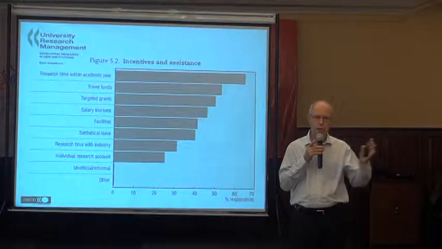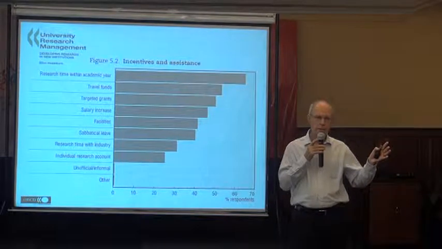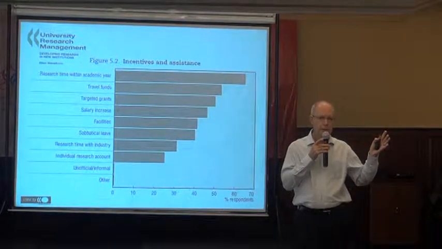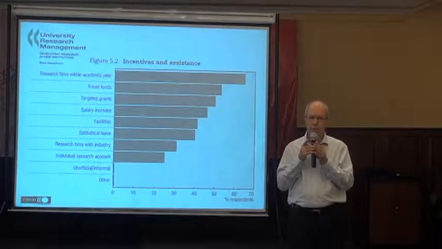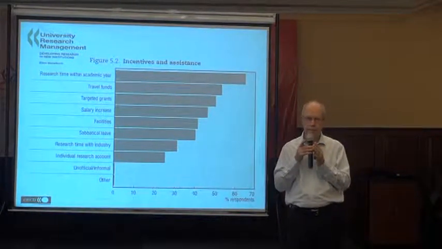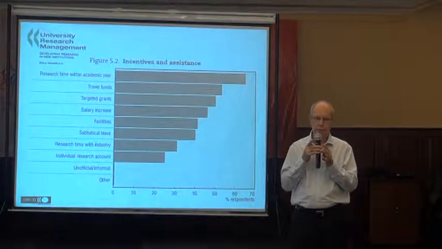That's one. In the longer term, what we can do is we can say to you, in 5 years' time, we will give you a full year free of teaching. You have a full year to do nothing else than do research. Okay?